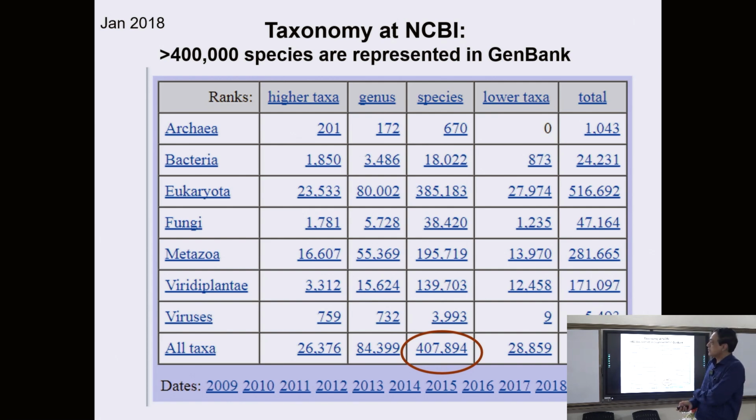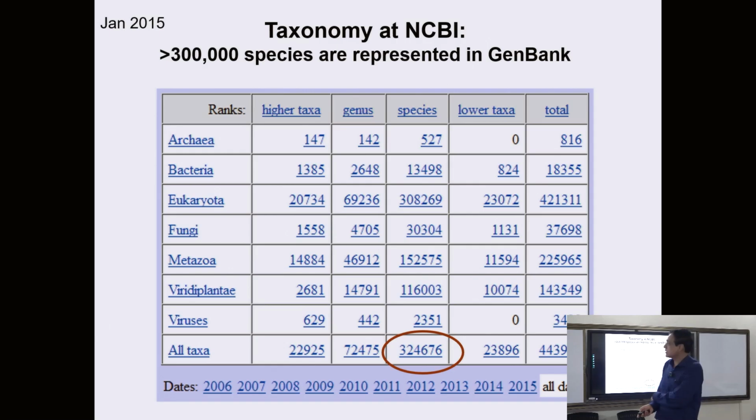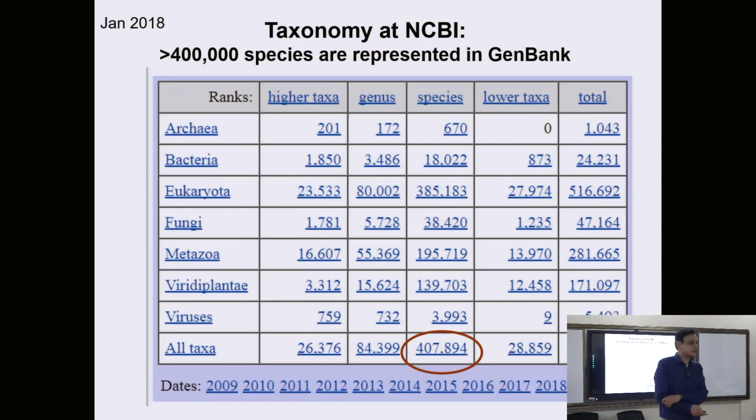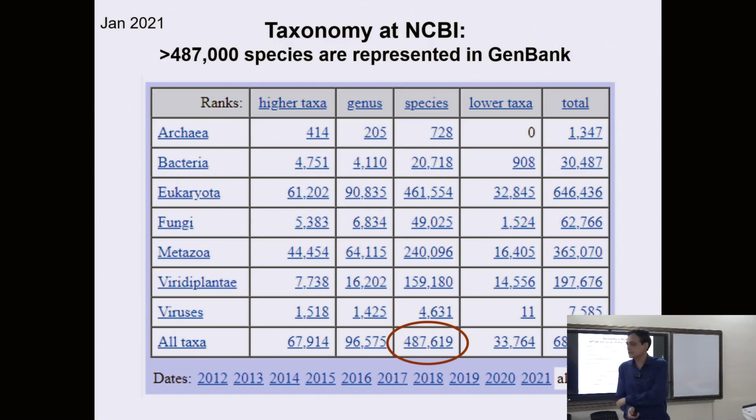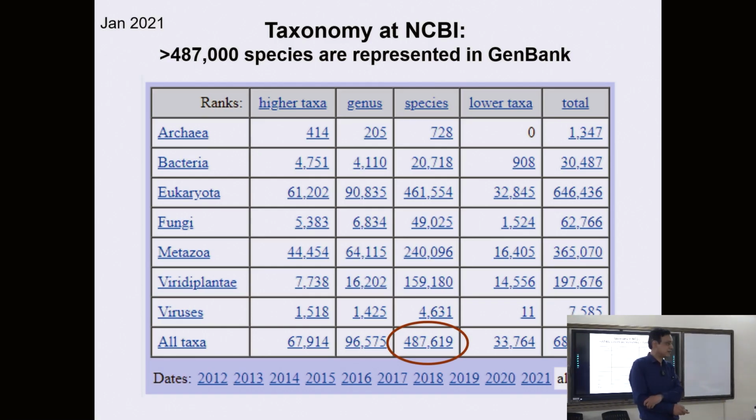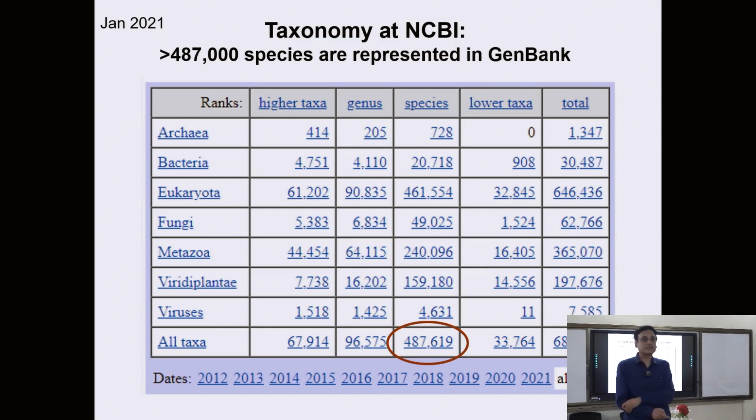In 2018, 407,000 species, so 80,000 new species got added. Every 3 years, as you can see, about 70 to 80,000 new species are identified, and their data are archived at NCBI Taxonomy.